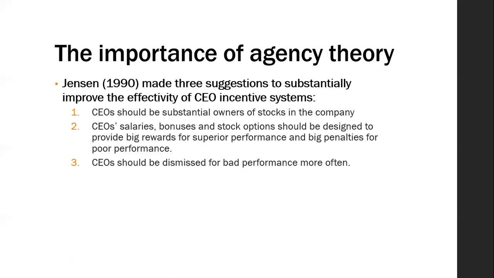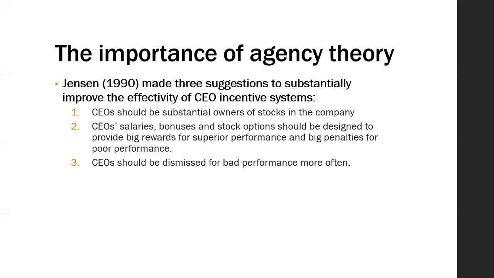Okay, number two, CEO salaries, bonuses, and stock options should be designed to provide big rewards for superior performance and big penalties for poor performance. Okay? Dapat nararamdaman niya yung impact ng good and bad performance. So it should be big rewards for superior performance and big penalties for poor performance. Okay? For this to be effective in aligning agency theory or aligning the principal-agent conflict.